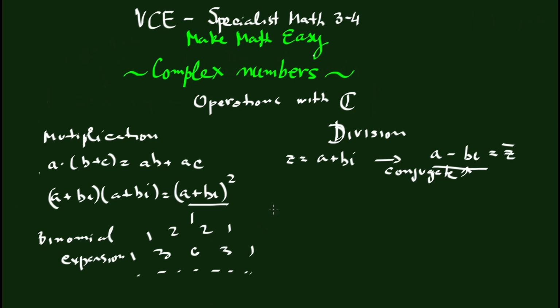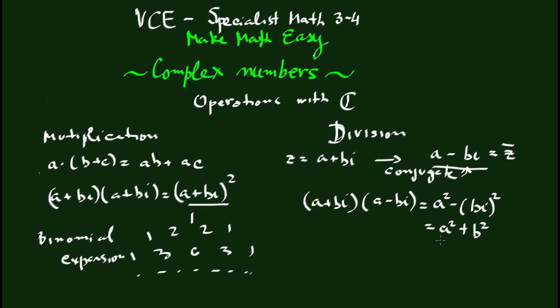So it's a new term, and what we know from before, we know if we multiply a plus bi with a minus bi, that's first squared minus the second one squared, because the second one squared becomes i squared. i squared is minus 1, so that becomes plus b squared.